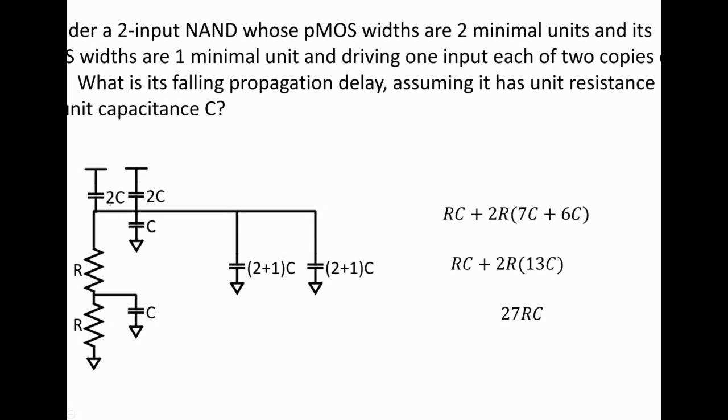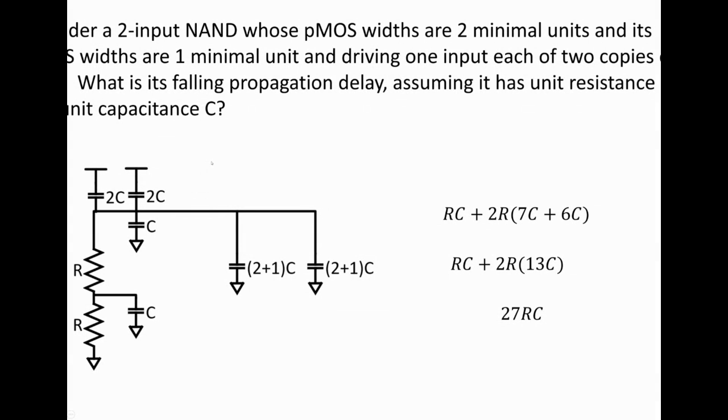We've got 2C and 2C on the output, right? 2C capacitor, 2C capacitor. That's the diffusion area of the 2 transistors that are in parallel on the pull-up. Why? Well, it's because it's a NAND.